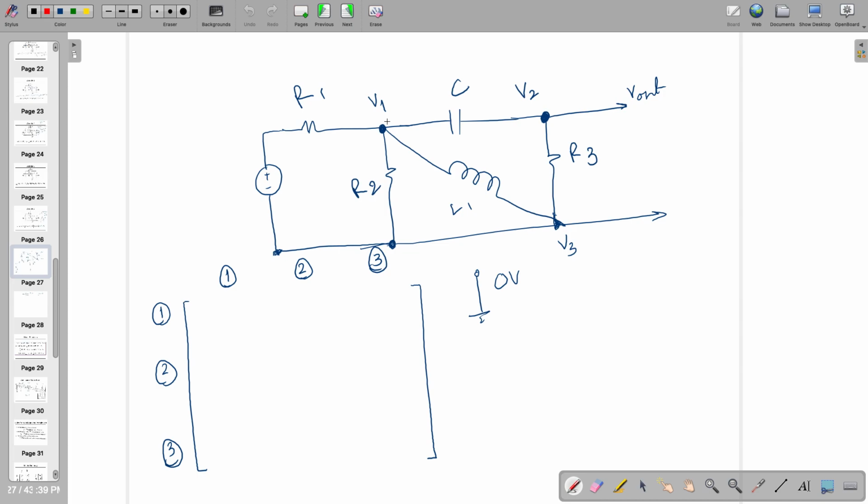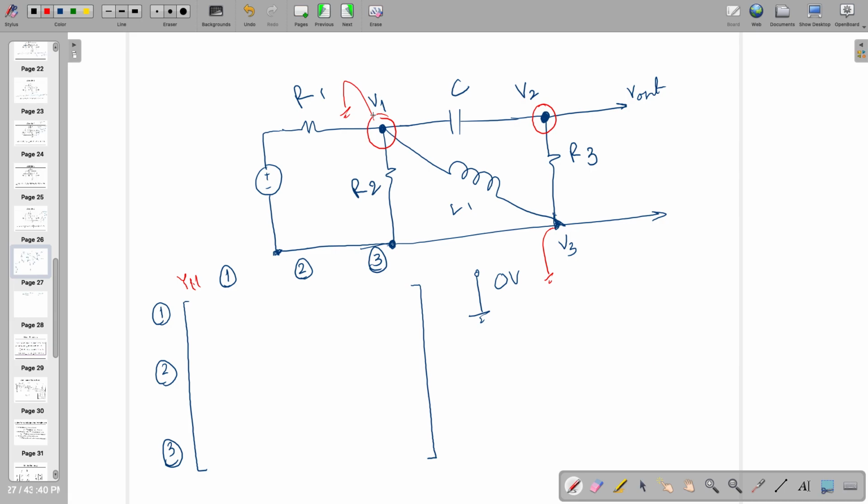When I am looking at this node, if I make other nodes 0 and then enter all the admittance entries, that will give me y11. If I am looking at y22, then I need to make the other nodes 0 and look at all the admittances. And when I am doing this, all admittances have to be positive. They cannot be negative.